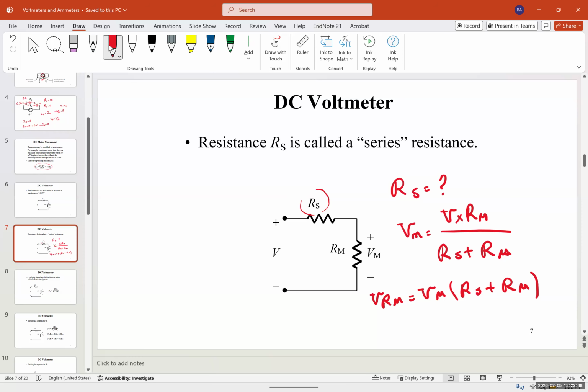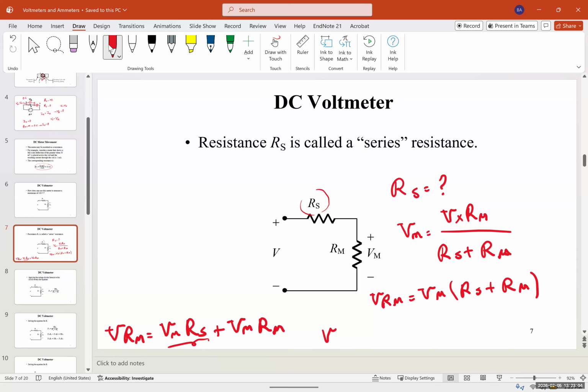Am I correct? So V times Rm is going to be Vm Rs plus Vm Rm. Now we want to find Rs.